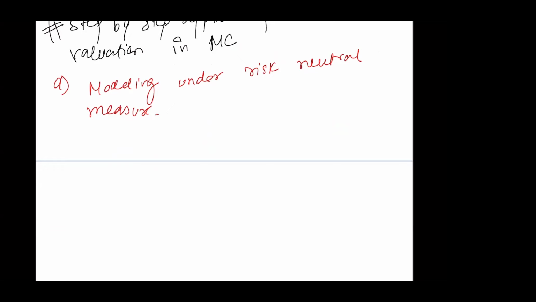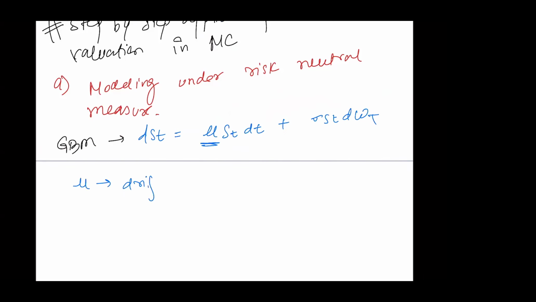In the equation of geometric Brownian motion, dS_t = mu S_t dt + sigma S_t dW_t, under the risk neutral world, mu is called the drift. Drift is nothing but the expected return, so for all the cases we'll replace the drift by the risk-free rate.